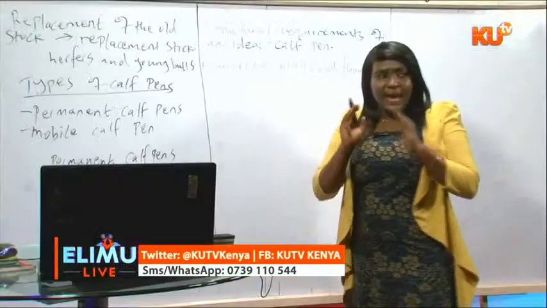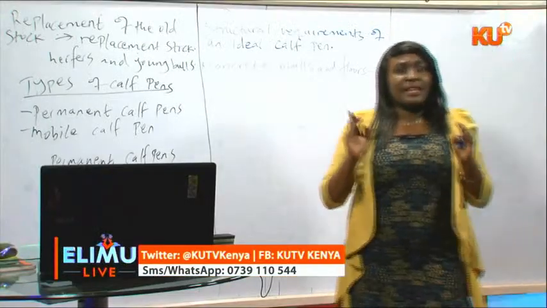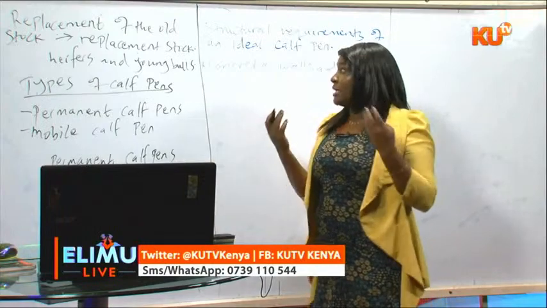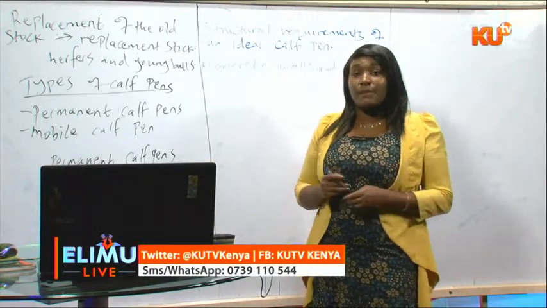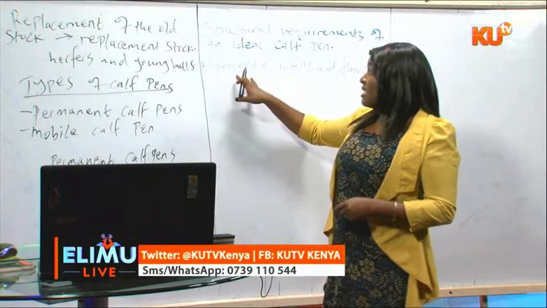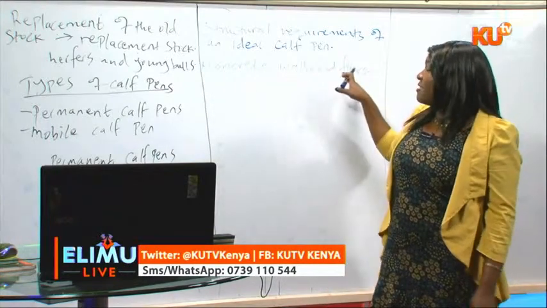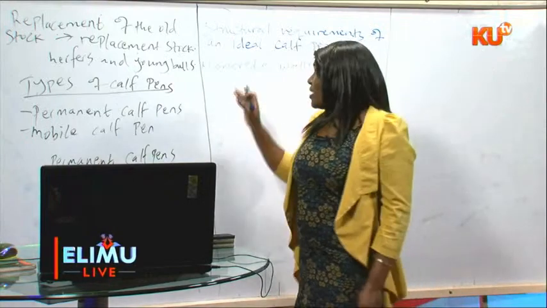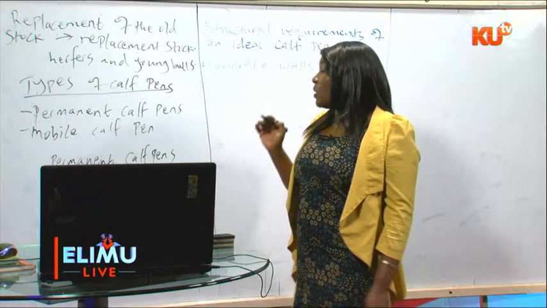The best calf pen that is going to be of importance to your farm in terms of profit maximization, ensure that the walls and the floors are concrete. If you can afford, ensure that you make concrete walls and floors.